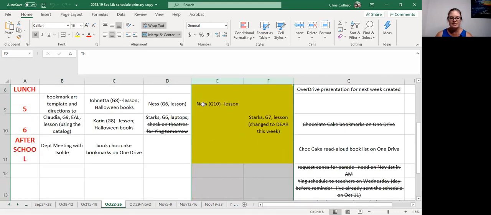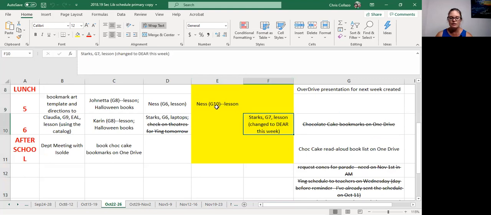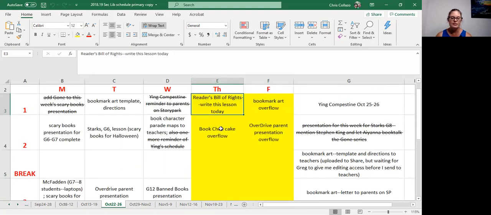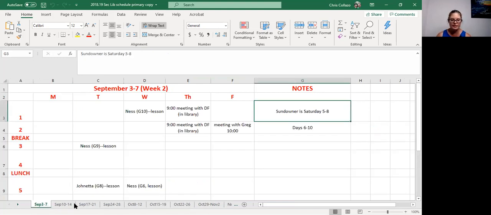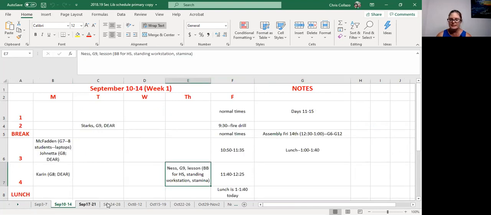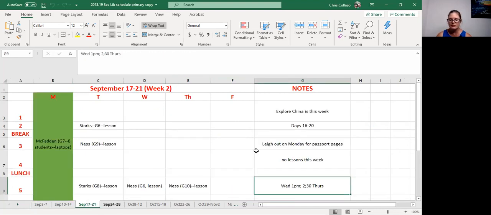So these lessons and stuff, these were things that I had already put in, but ended up with the author visit, so I didn't end up doing those. So down here on the bottom, at the beginning of the year when I was making the calendar, I just did all the weeks of the year. So I just sat down with the school calendar, did all the weeks, filled in days that we were not in school.